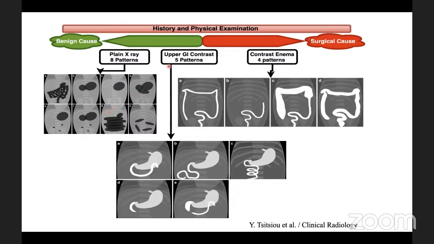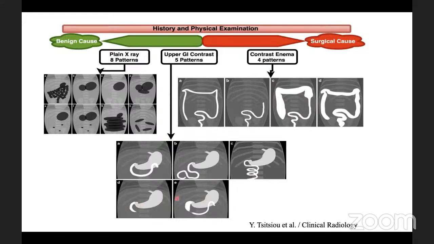We need to identify 5 patterns on the upper GI contrast. One is to see that the DJ junction should be on the left side of the spine. If it is not, for example, in this one it is on the right side or just in the middle, then that shows that there is malrotation. Or if there is a corkscrew type upper GI, this is an emergency.